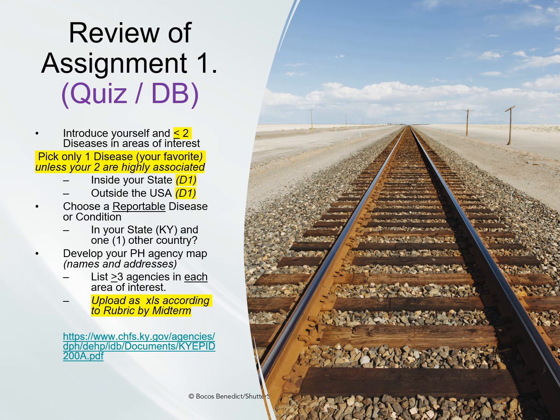Pick your 1 favorite reportable disease or condition and focus on only that 1 across the geographic areas of interest. Do that for assignment 2 and the rest of the term. Unless you're very eager to study 2 diseases and they're highly comorbid or associated, it'd be best to focus on just 1 for the paper and related assignments.